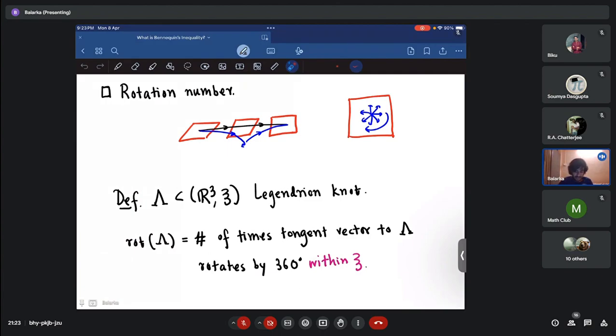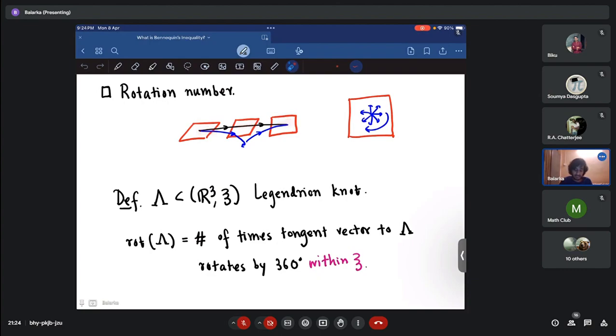Here is an example. I have a black knot, part of a knot, it's an arc. It's Legendrian, so it's tangential to the planes at every point. As I go around it, I orient the knot, so I have a particular orientation of the knot, and then I look at its tangent vectors. The tangent vectors are contained in the planes at every instant of time.